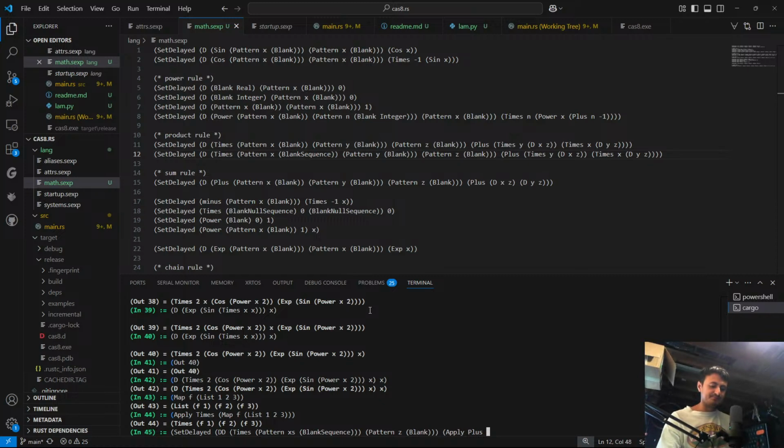So let's say f equals f, but then f2 is equal to g times h. Then you do that, but then you got to plus them. Okay, let's just do it on plus, because plus doesn't actually have really crazy semantics. So plus on a blank sequence, first off, let's just do map.